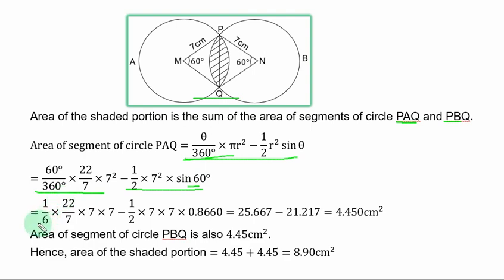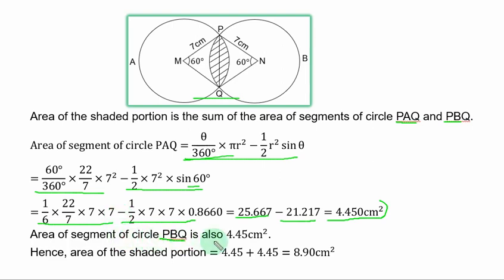The first part simplifies to this minus the second part, and that is 25.667 minus 21.217, and that is 4.450 square centimeters.